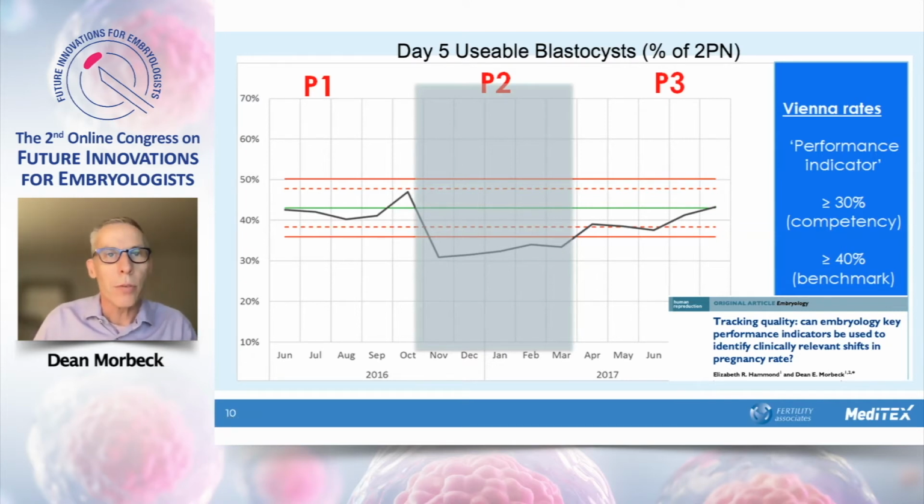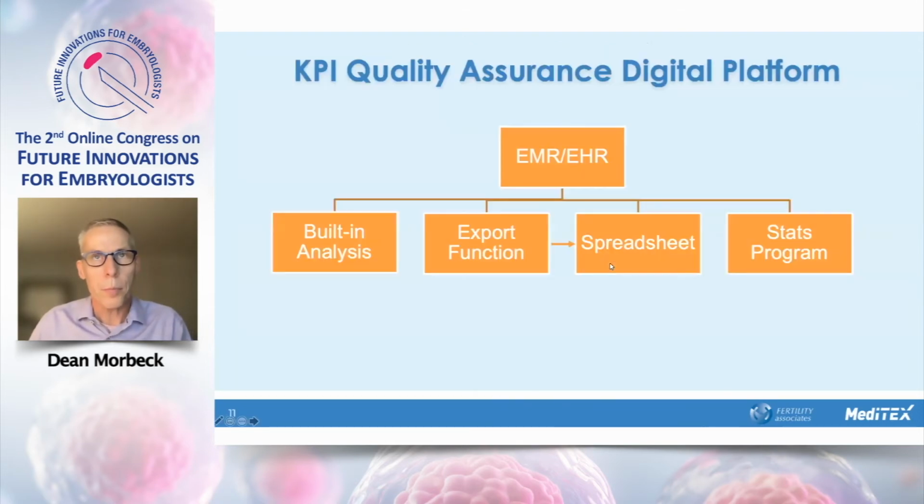And then with control chart tracking, we're able to indicate when there's a shift in the performance of a laboratory metric, which we were able to detect a few months before the shift in pregnancy rate. So this is the power of bigger data and granular data, looking at our cultures and the embryo growth.